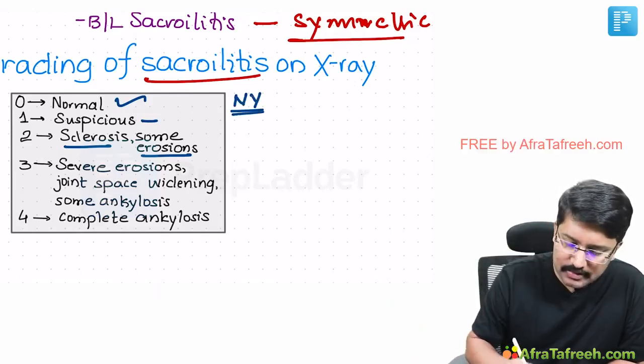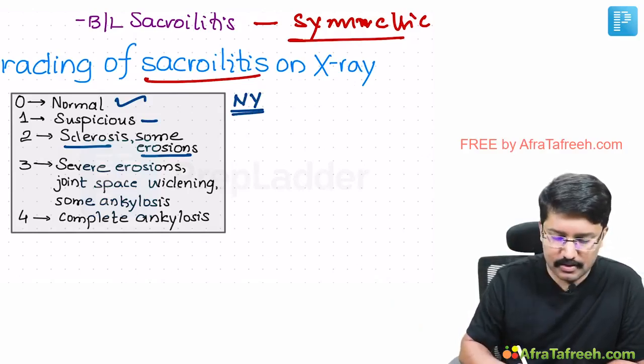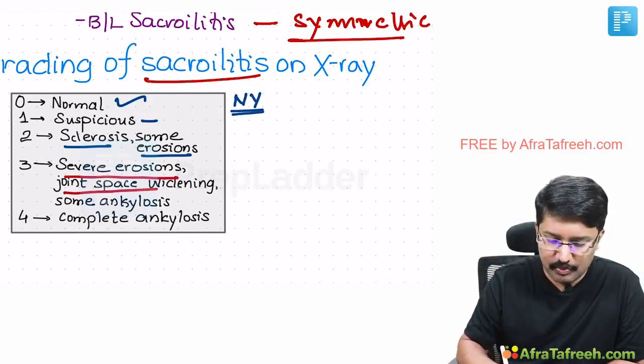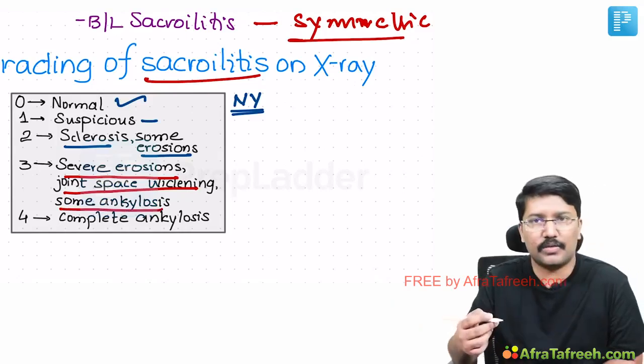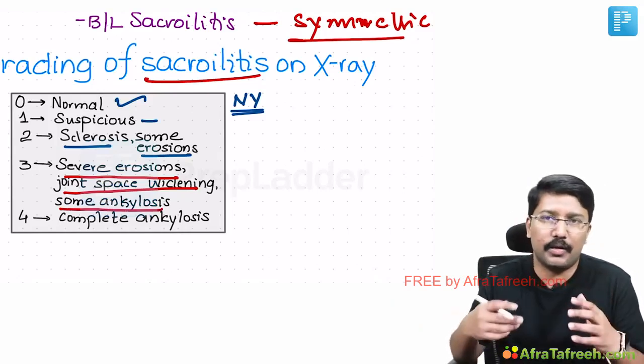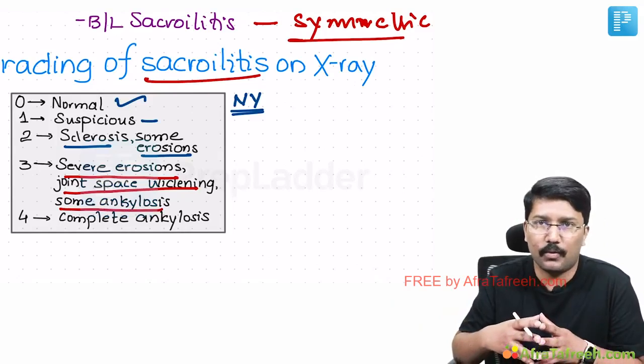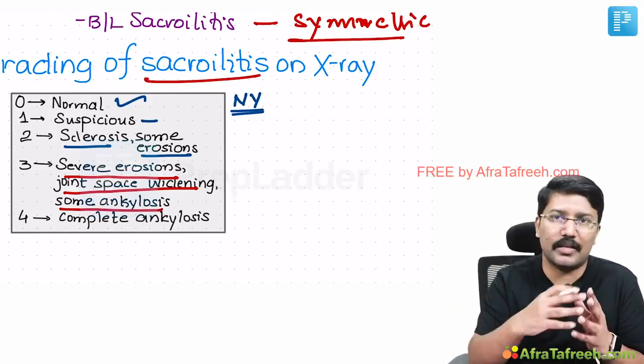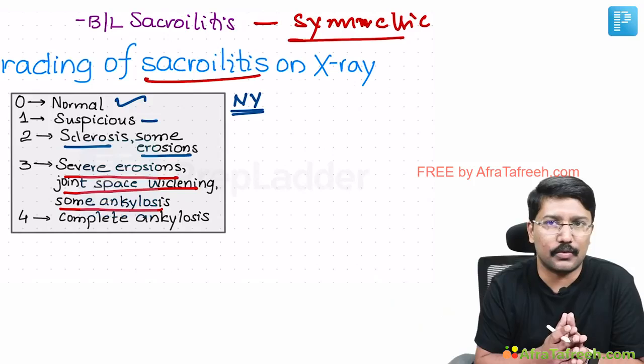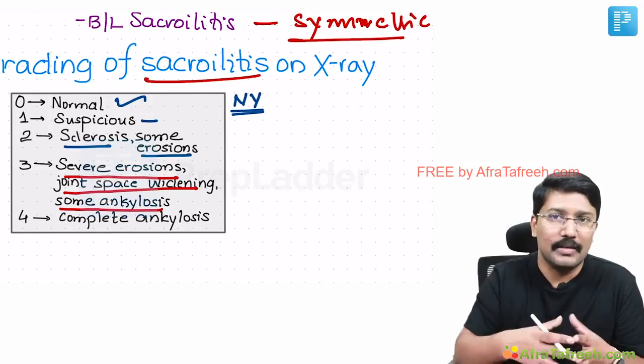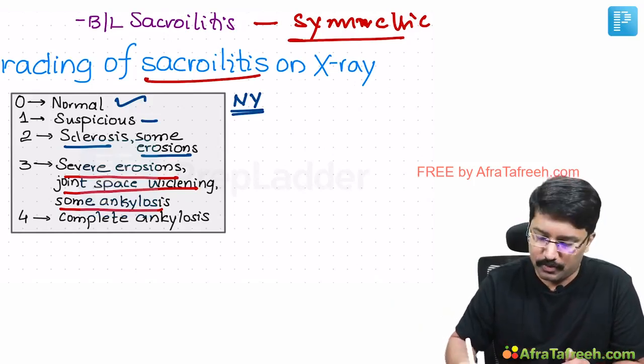And when there are severe erosions, joint space widening and some ankylosis. Initially there may be joint space widening, which we call pseudo widening, okay? And then later on the joint starts getting fused, right? That is what we call ankylosis, right? That is where the name ankylosing spondylitis comes from, right?